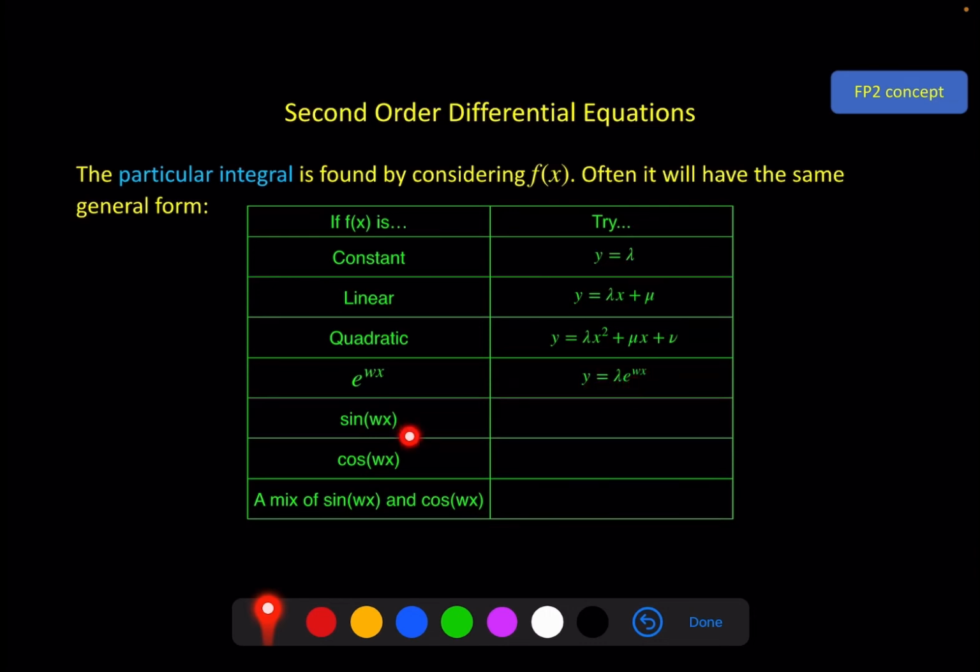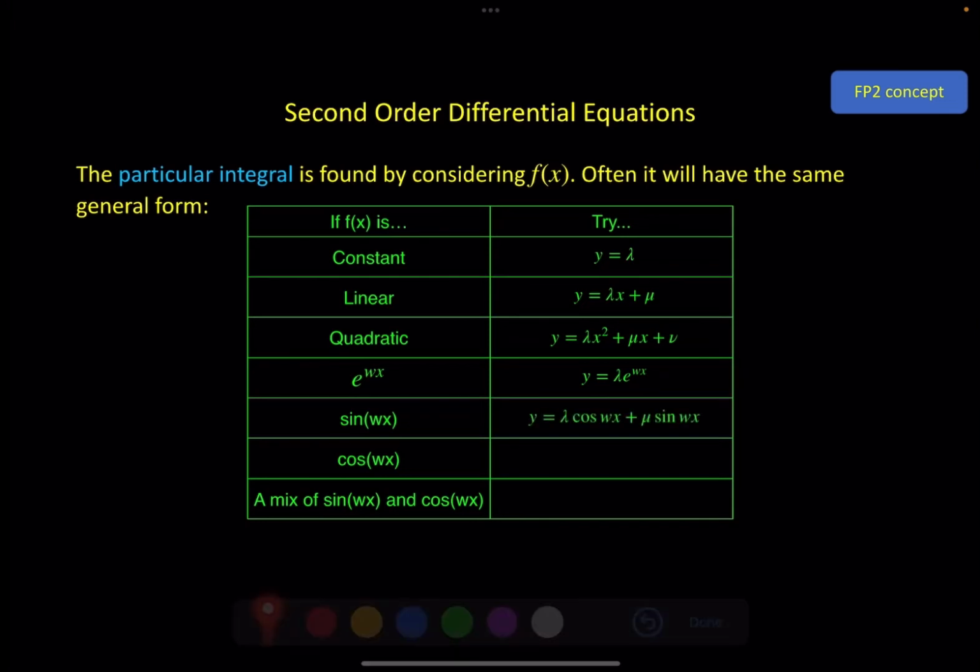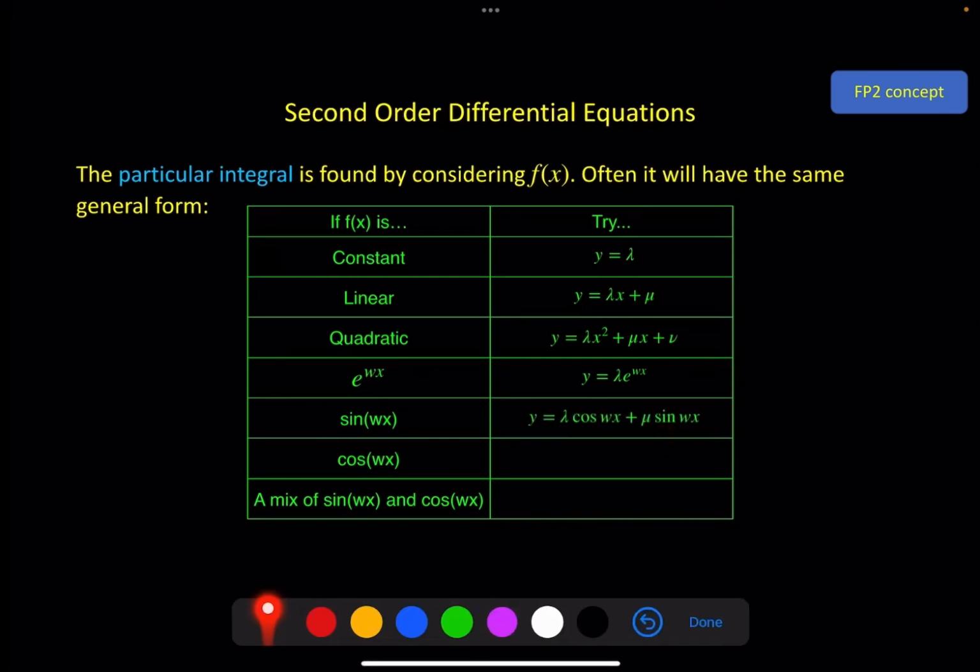So when we come to these three, we need to be careful. When you differentiate sine, you get a cosine. So to allow for interaction there, to get the right constants, you need to allow for both a sine and a cosine. Again, match whatever this is. If this is a minus 2x, then use minus 2x as the argument, but lambda and mu will be unknowns initially, and you'll have to find out what they are.